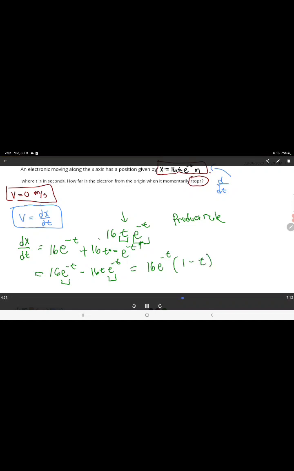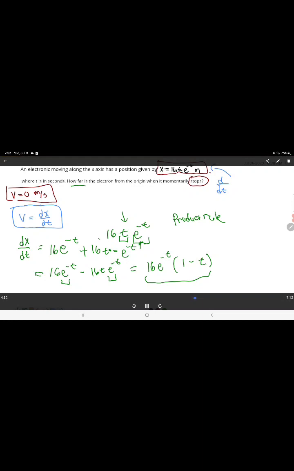Now we're looking for when this electron momentarily stops. So I want this velocity to be equal to 0. Notice that after I've taken the derivative, now I have a function of the velocity. So I'm going to set this equal to 0.